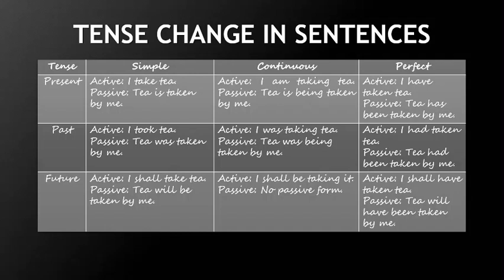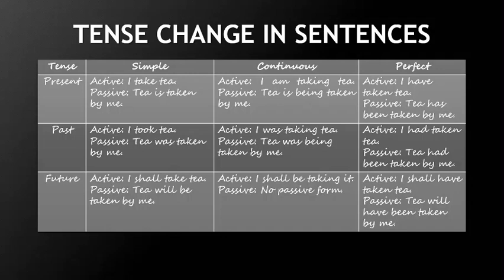No worry about that. Continuous tense, I was taking tea becomes tea was being taken by me. So we are bringing in being, the be verb, and taken, the third form of the verb. I had taken tea becomes tea had been taken by me.